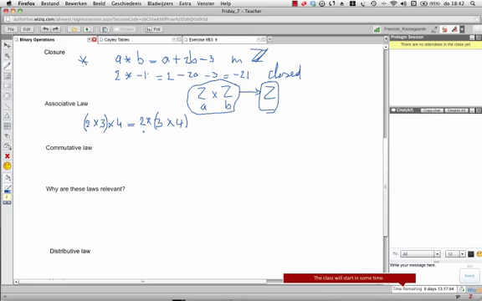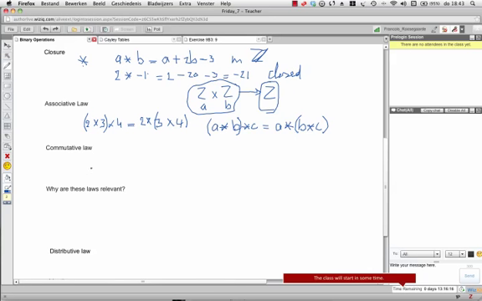In this case, the operation multiplication is obeying the associative law. Or in general, if I have A star B star C, where A star B is calculated first, and that is equal to A star, B star C between brackets, then this operation obeys the associative law.